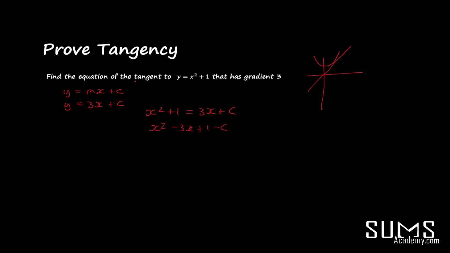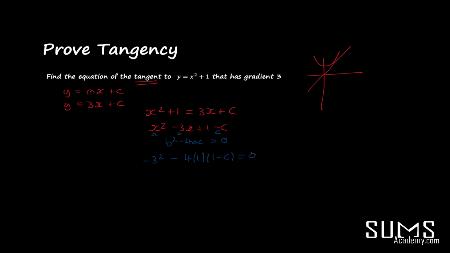And we know that it's a tangent, right? So now we need to use our knowledge of the discriminant again. We want b squared minus 4ac equal to 0. So this is a, b, and c here. This becomes minus 3 squared minus 4 times 1 times 1 minus c.